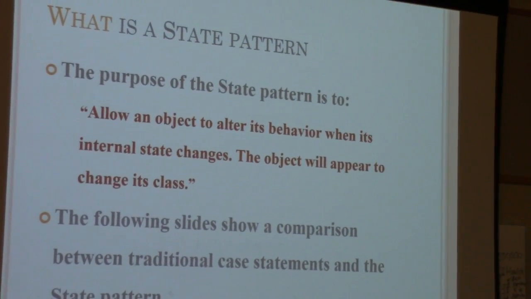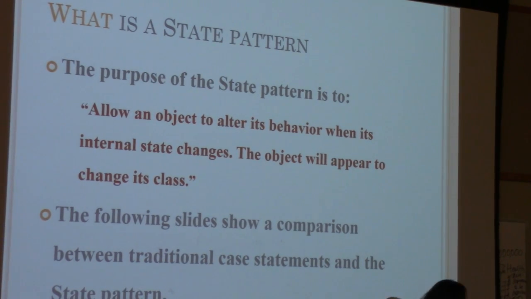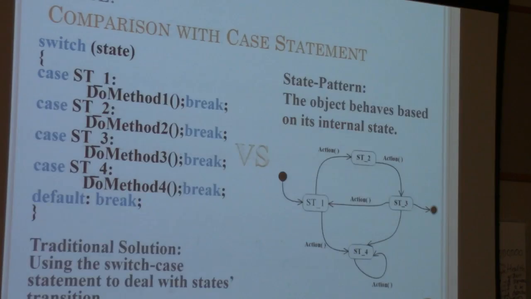The following slides show a comparison between a traditional case statement and the state pattern. I like this. Talking to one of the groups last time, we went a little into detail, saying, why do I have to use so many if-else statements even when I'm using this, and we walked through the scenario as to how you would have even more if-else statements, and that makes the point here.